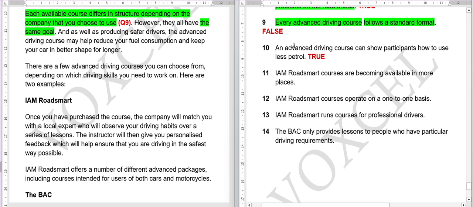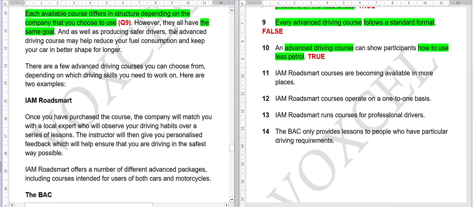The question says this advanced driving course can show participants how to use less petrol. So if they are able to use less petrol because of this particular course, the answer is true, obviously. And here it is written, the advanced driving course may help to reduce your fuel consumption. So if you are reducing your fuel consumption, that just means your mileage is better, and you are using less petrol to cover the same kilometers.